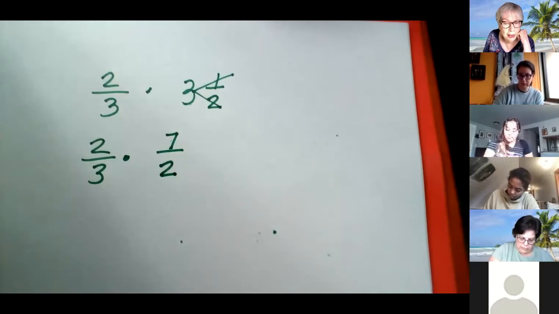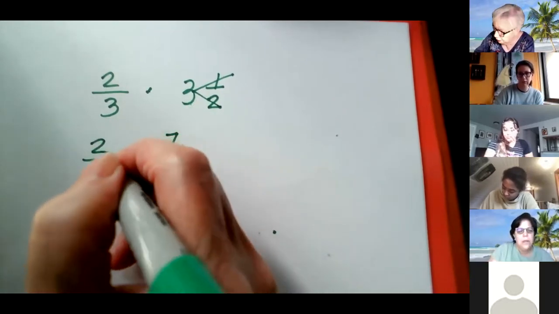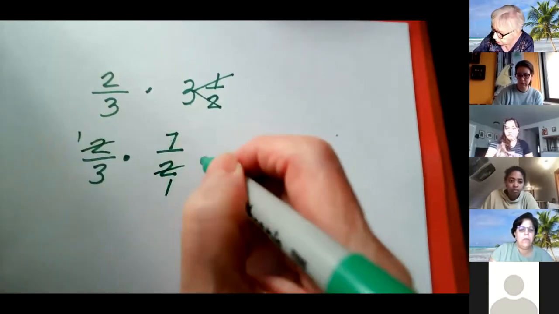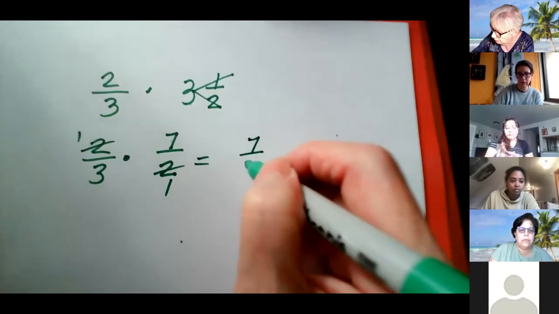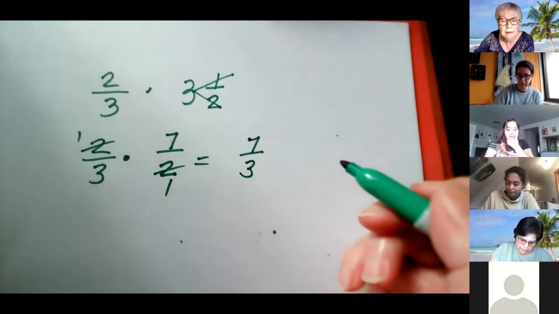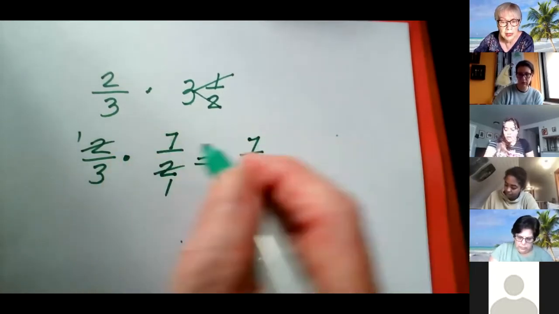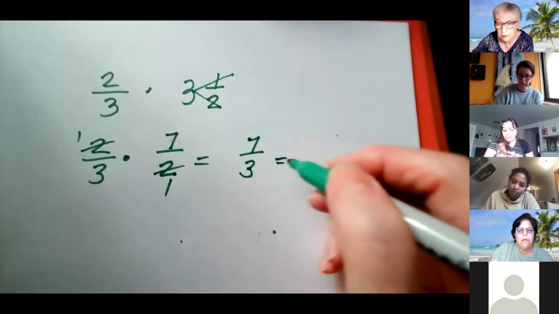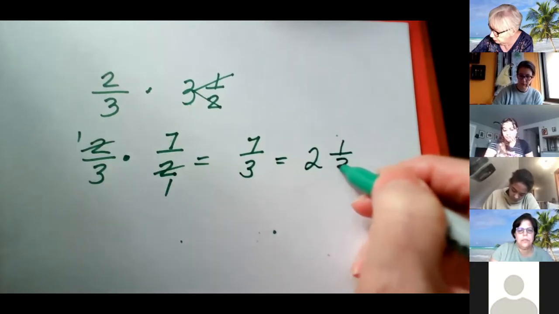We could have divided just as easily. The only way to finish is to notice the 2's need to be reduced, and this is 7/3. 7 divided by 3, or if you want to, is 2 1/3.